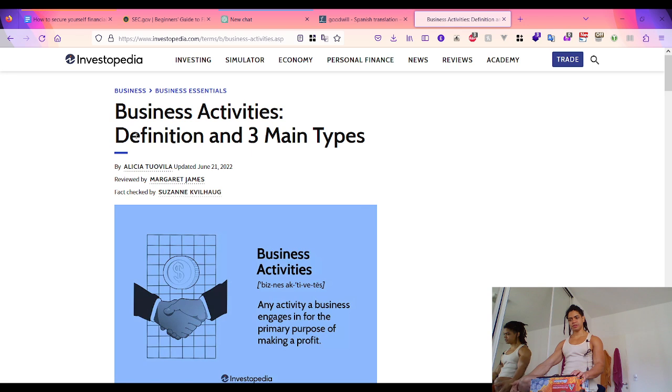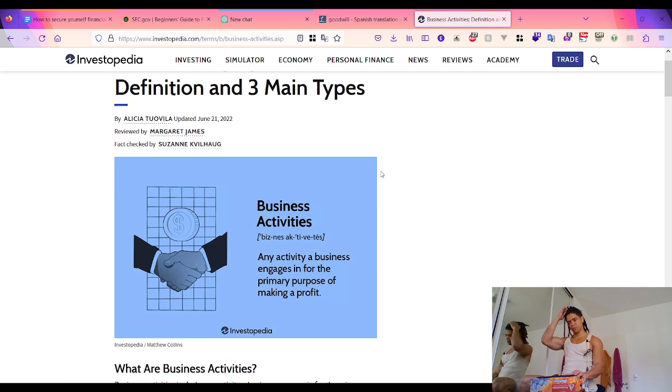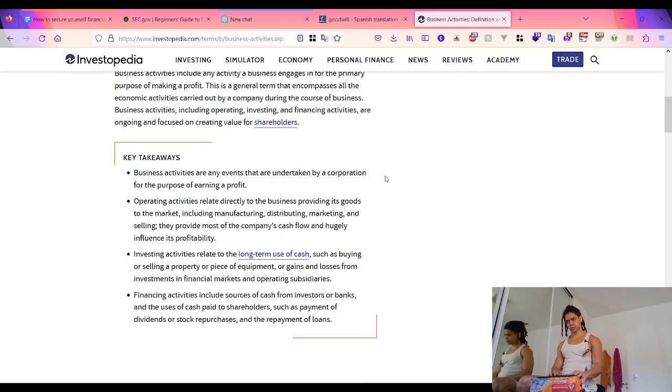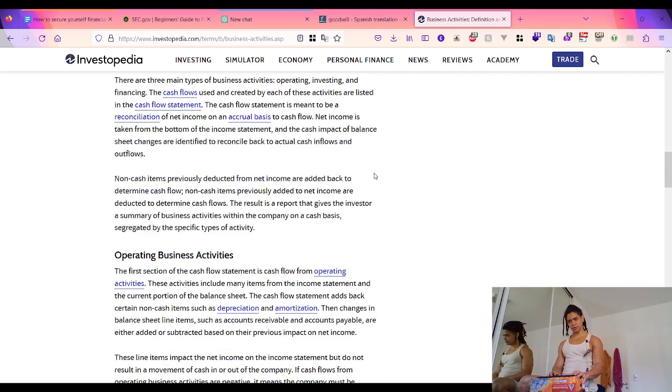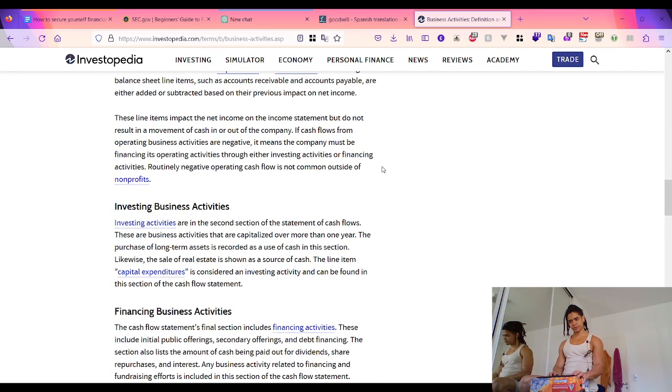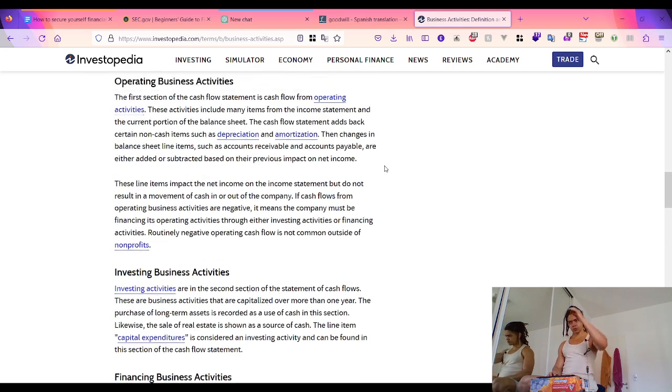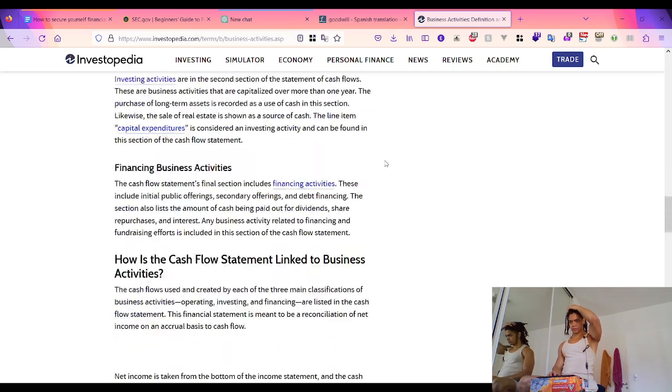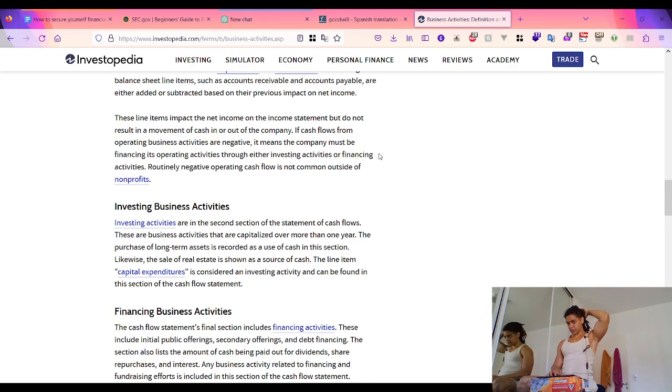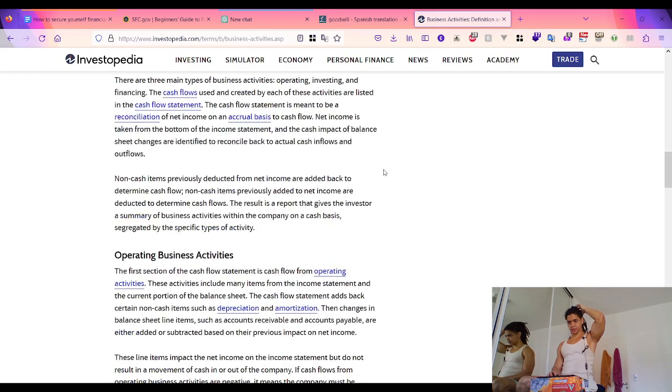Okay, Investopedia: business activity is any activity a business engages in for the primary purpose of making a profit. So, for example, financing business activities, investing business activities, operating business activities.